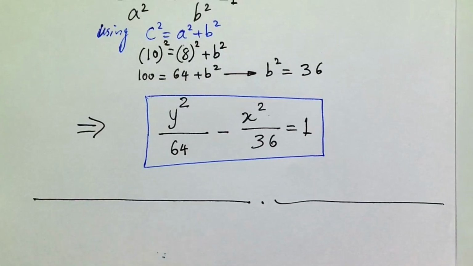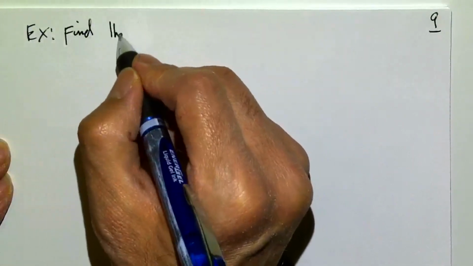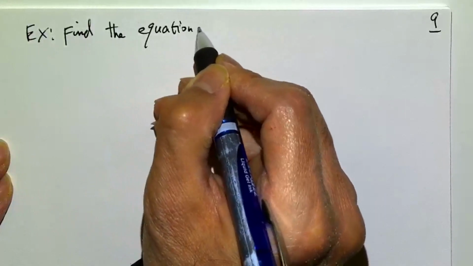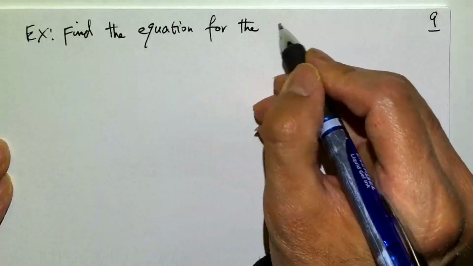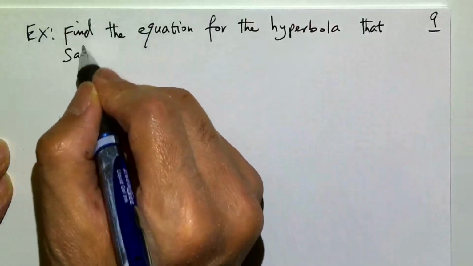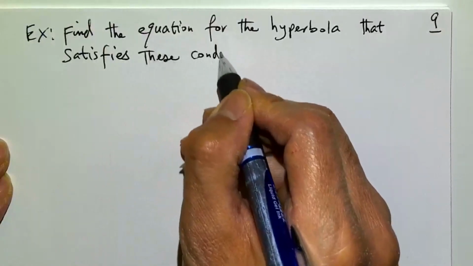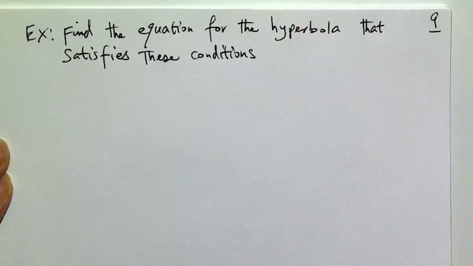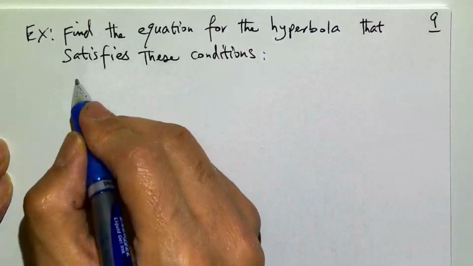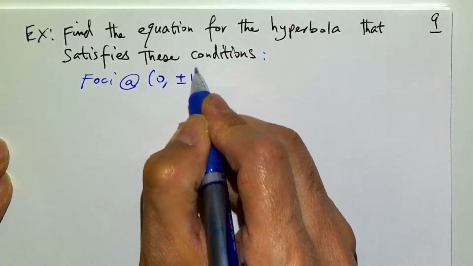Let's do one more example that is a little bit different than these. Suppose we want to find the equation of a hyperbola with these conditions, that the foci are at 0 comma plus or minus 1.